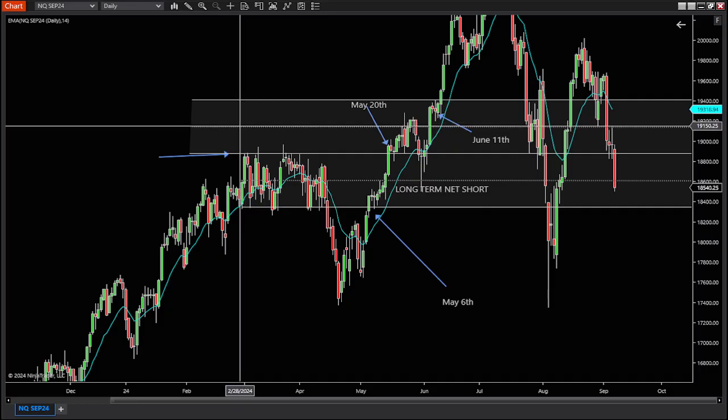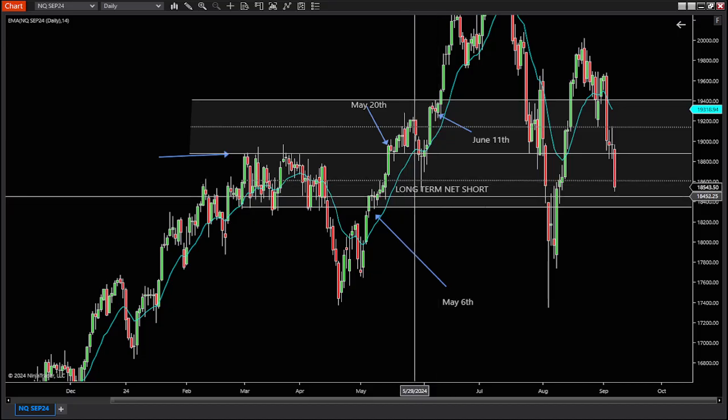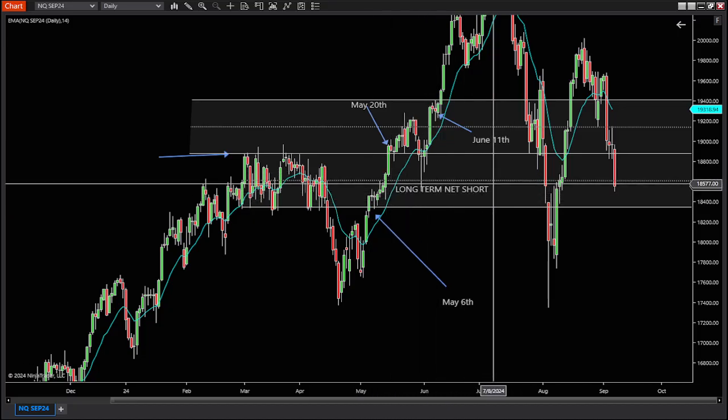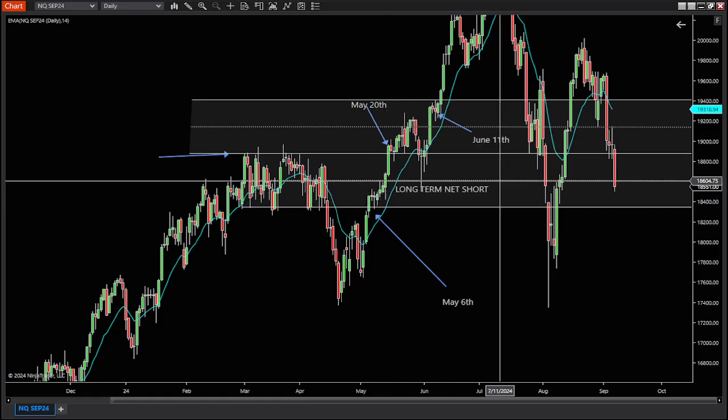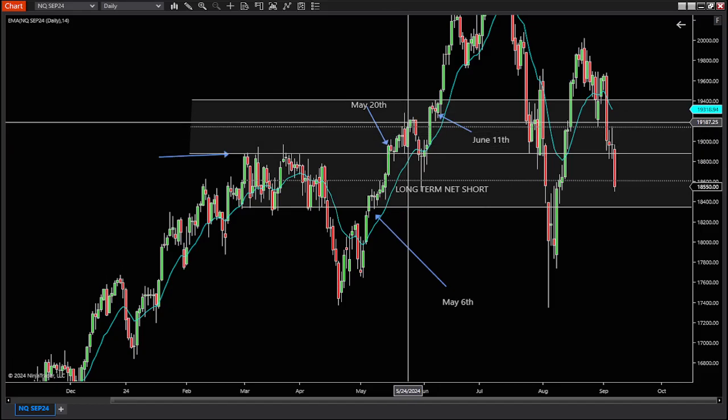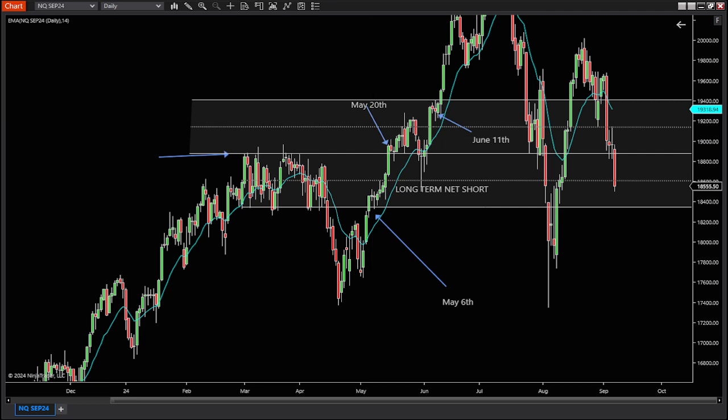The midline is a significant level for some profit taking or some shorts, because remember, the long-term participants are net short. If they're net short and price breaks out, what are they doing? They're adding more shorts as price moves higher, right?